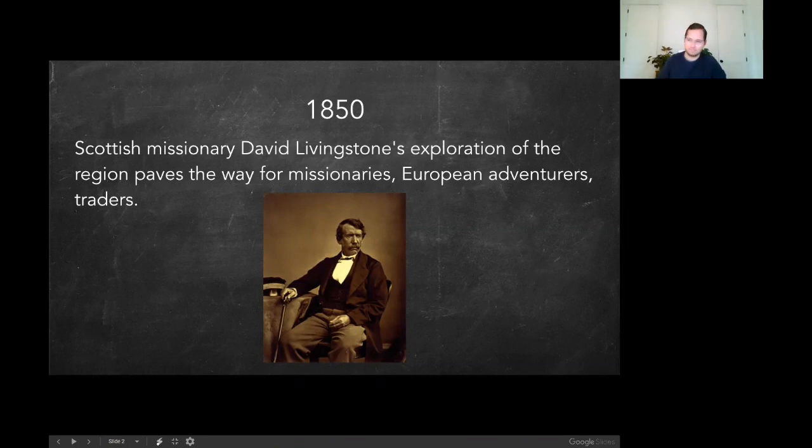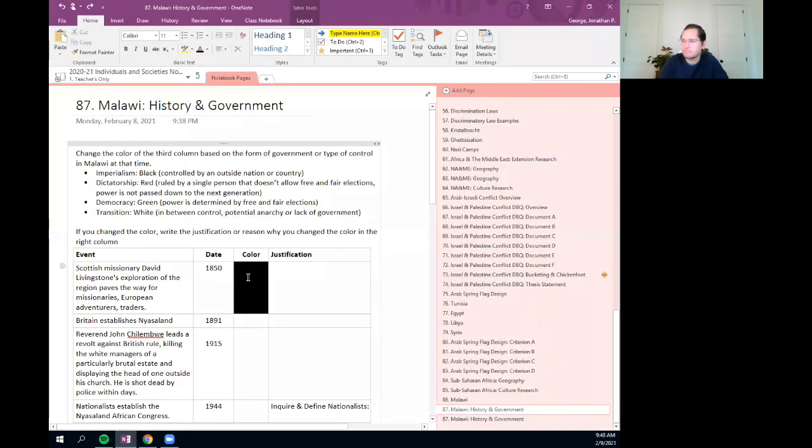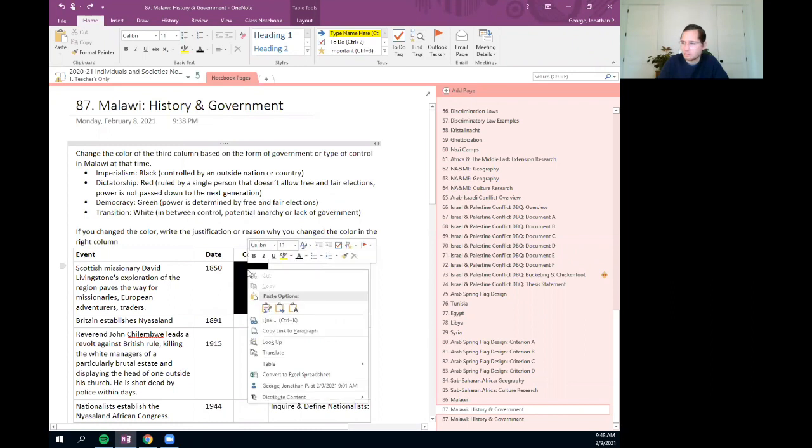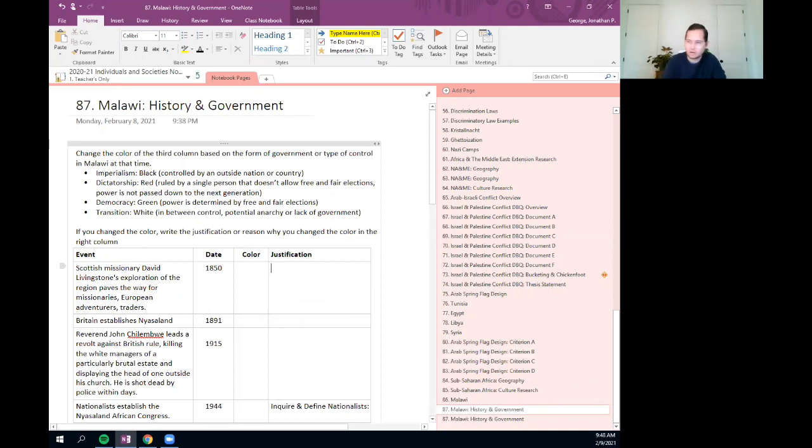So this is what I would do: I would leave it white, because we don't know yet. I'm going to put transition because we don't know the form of government yet.